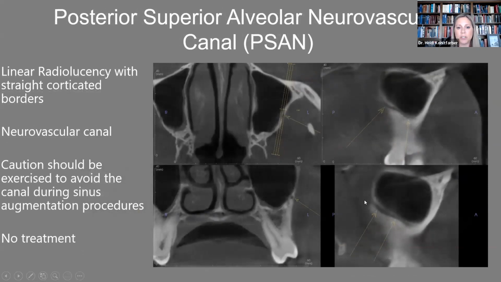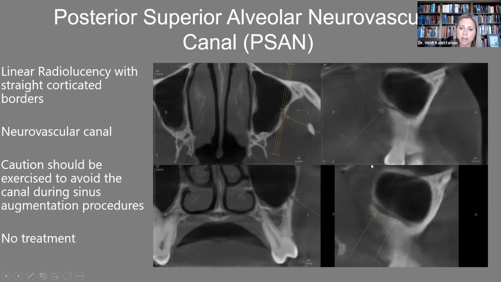We can also see the posterior superior alveolar neurovascular canal, and this goes along the lateral inferior aspect of the sinuses. And so we'll see it extending all the way along that lateral inferior aspect very nicely. Now, if you're going to do a sinus lift and bone graft, that's something you want to look for because, again, we don't want to encroach on this particular little canal.